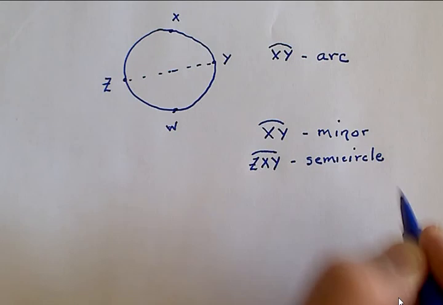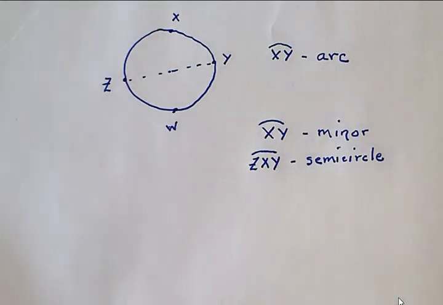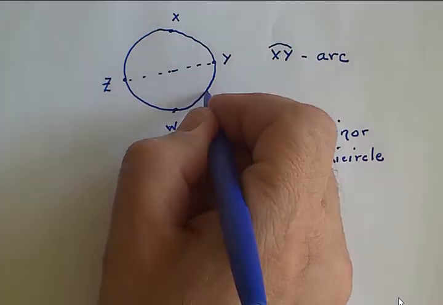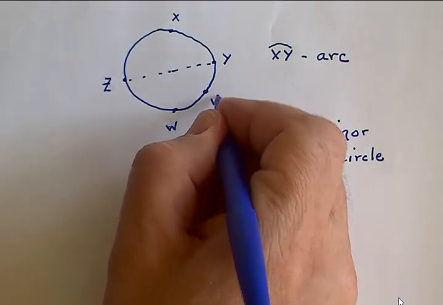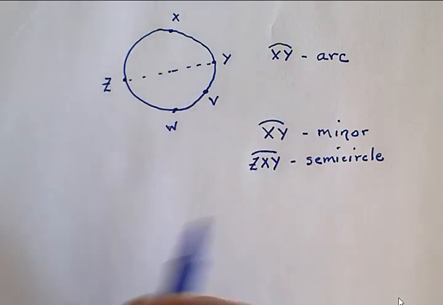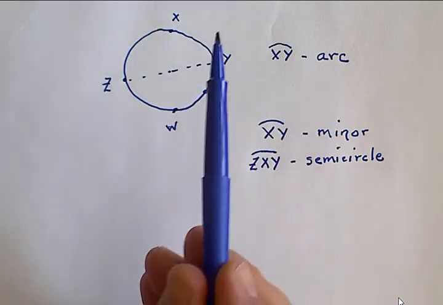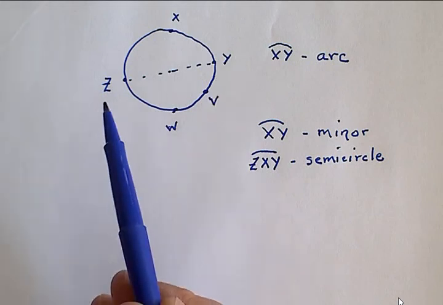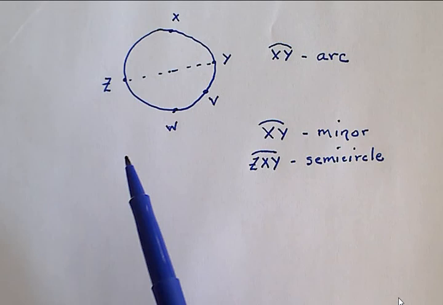Now, you do have to start and stop at the endpoints of the arc, but a point that you choose in between can be any point. If I wanted to name the bottom, just for contrast, let's label this V. I could talk about the semicircle YVZ or ZWY.